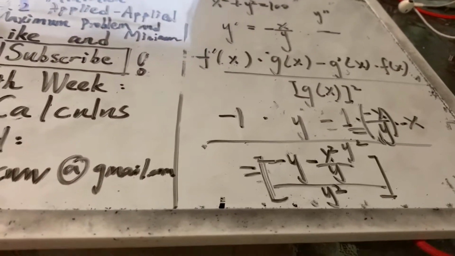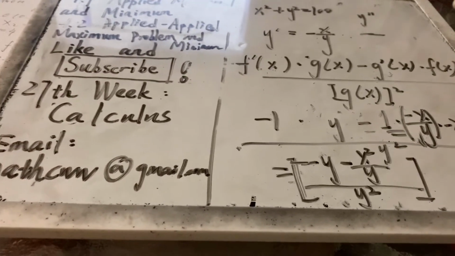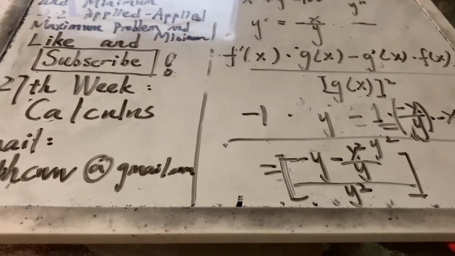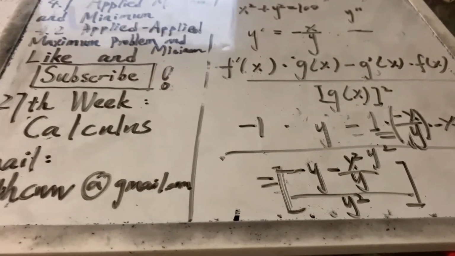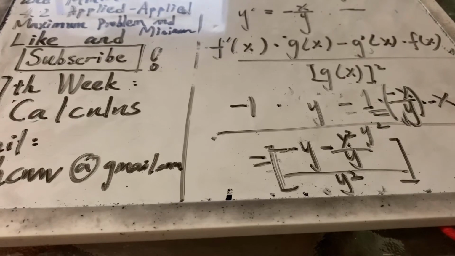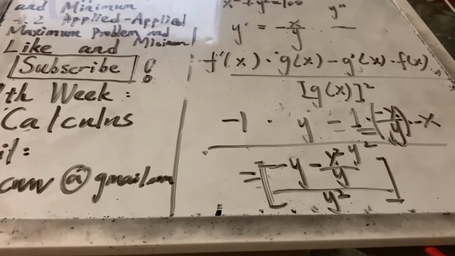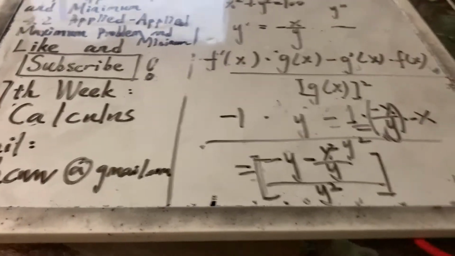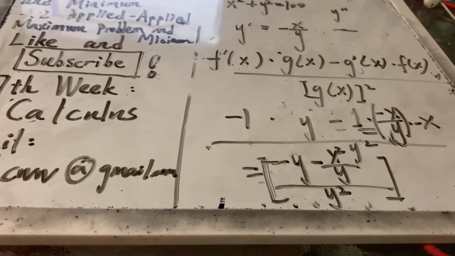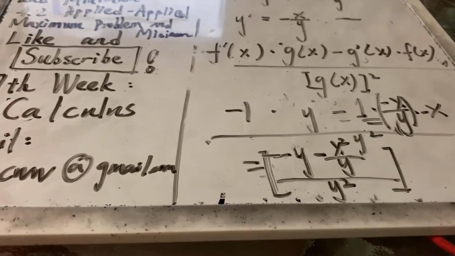So, in conclusion, what you need to remember is that if there are variables other than x, when they are differentiated, you need to add a prime, the derivative. Based on what you are calculating: if you are doing the first derivative, then you add the first derivative at every place with y.